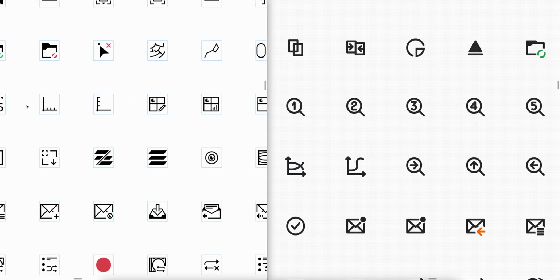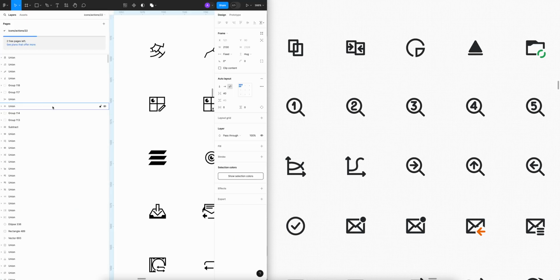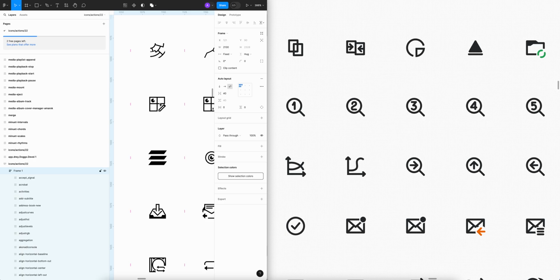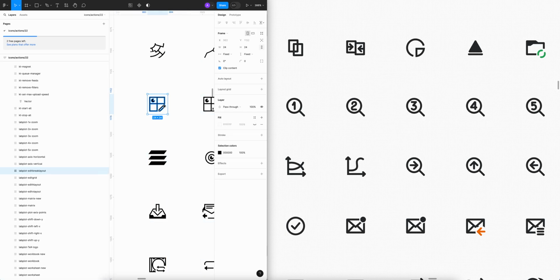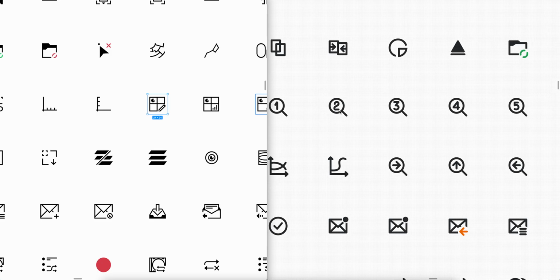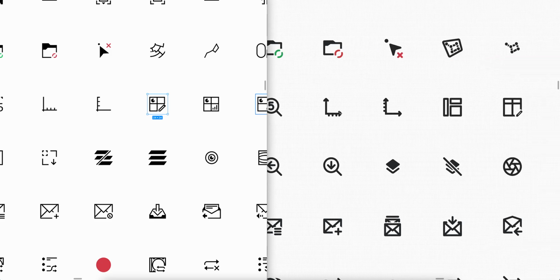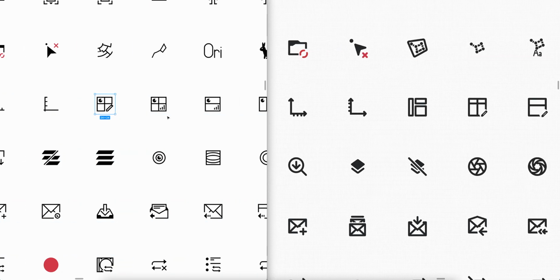Then we started seeing, let me check if this is correct. Yeah, these are the LapPlot icons, and boy oh boy, this was difficult. But I did my best.